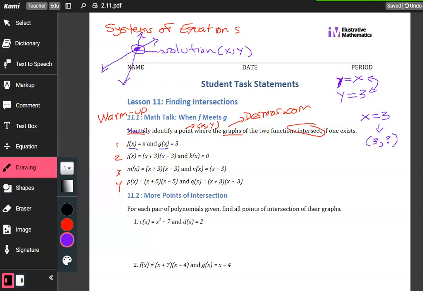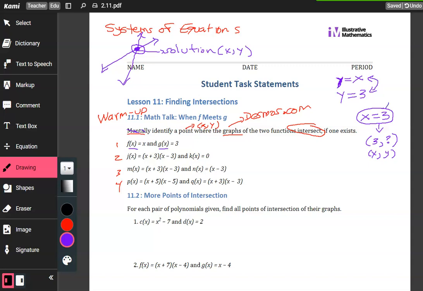We have half the problem already because we need to find a point x comma y, an ordered pair. So we already know that they're going to cross at 3, but what about the y value? If you want to know the y value, you substitute your x value and plug it into the original equation.